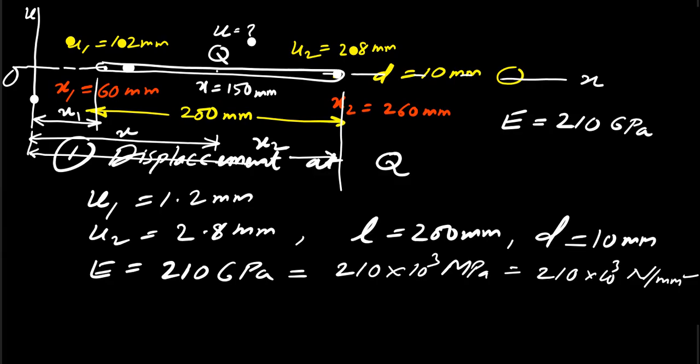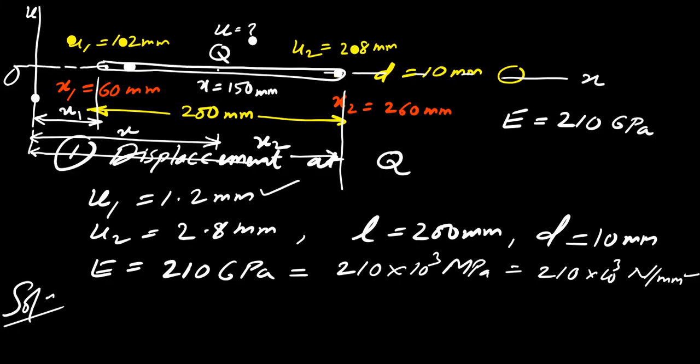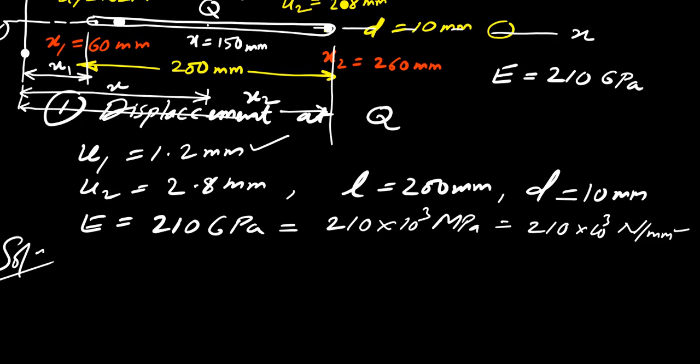Now once you understand these given values, always we have to maintain everything in the same units, whether you go for meter or millimeter or centimeter, everything should be in the standard units. Now we will go for calculating the displacement at Q. So what will be the solution here?